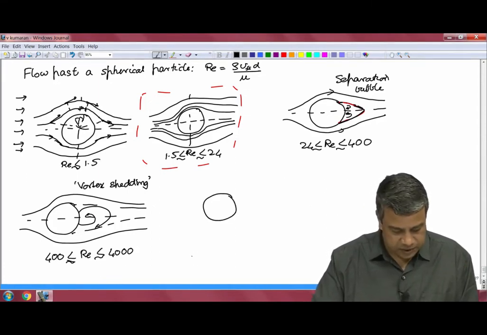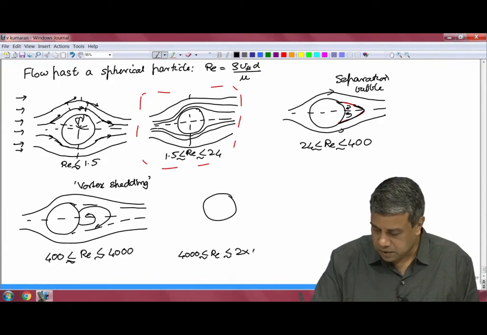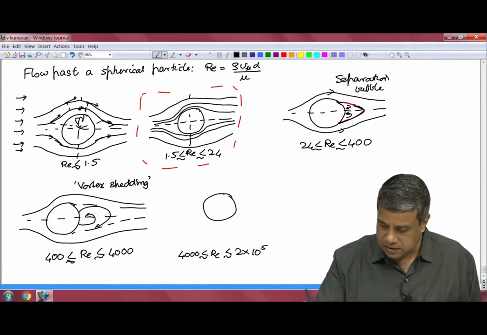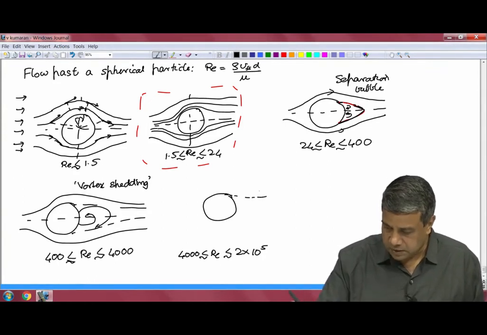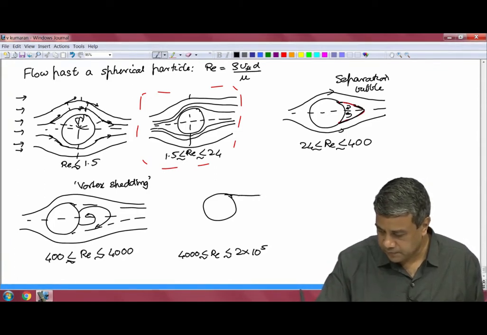The Reynolds number in the range of about 4000 to 2 × 10^5. In this case, you have a region at the downstream side where there is turbulence.